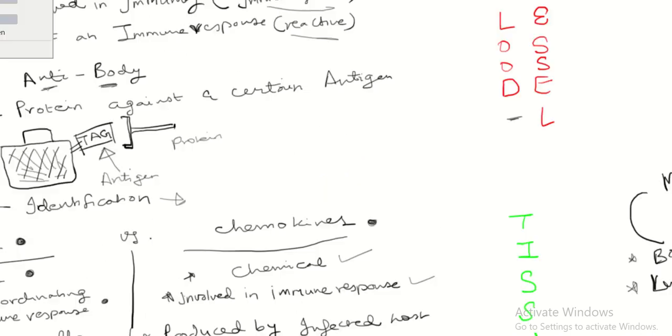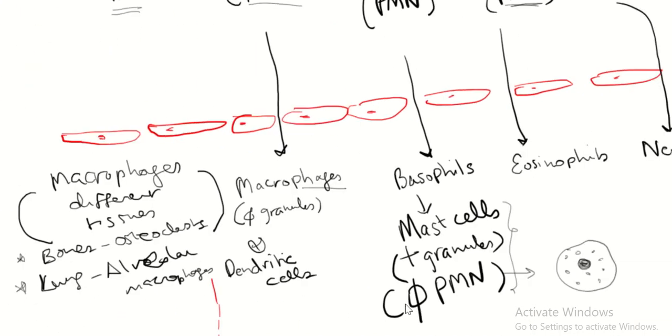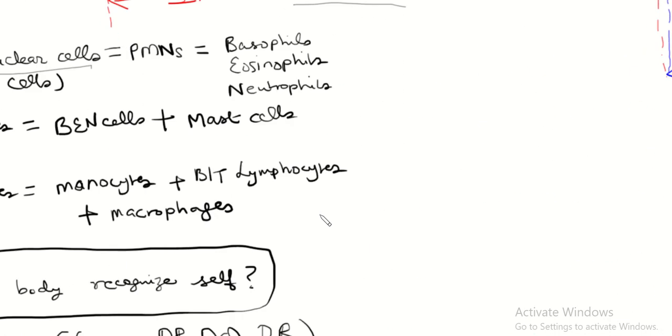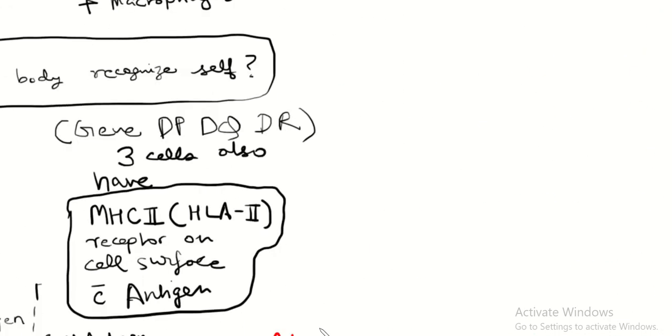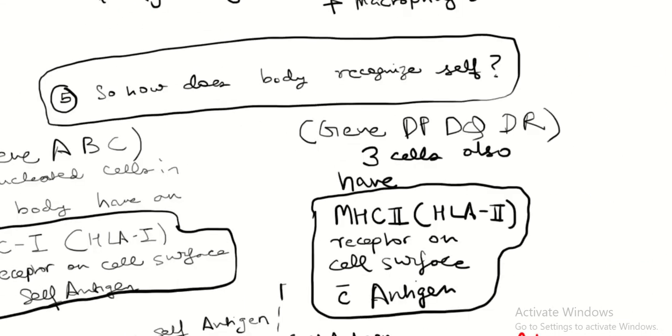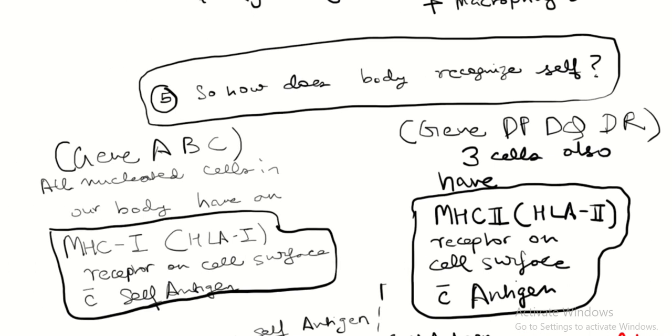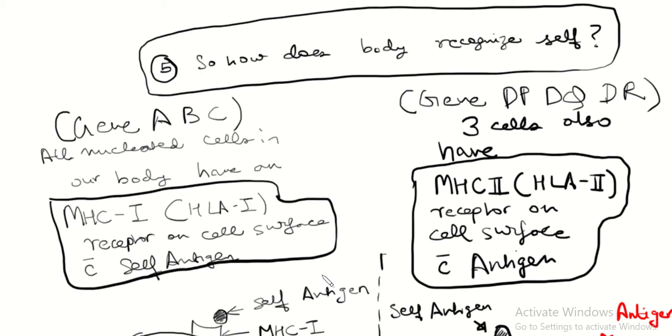Okay, just give me a couple of seconds and then let me get to the right screen here. Okay, and we'll get going. So that's the next question to tease out, which is how does the body recognize self? How does the body recognize self?